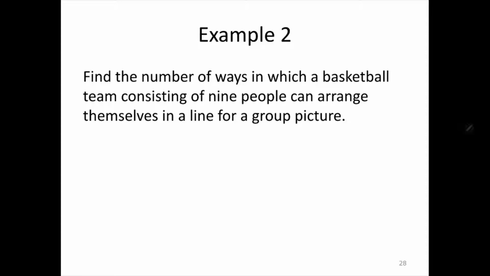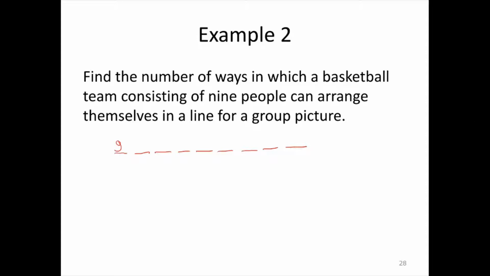So now we have these 9 positions, 1, 2, 3, 4, 5, 6, 7, 8, 9. How many ways can we fill the first position? There are 9 people, and we can choose any one of them. So there are 9 ways to fill the first position.